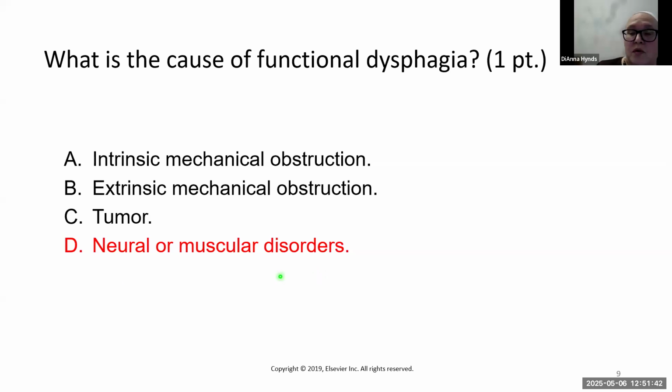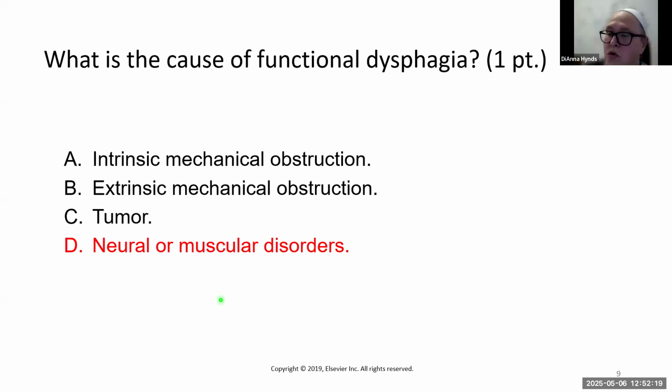What the neuromuscular disorders do is interfere with the normal process of eating, right? And so they can interfere with swallowing or peristalsis. These other three are actually obstructions. So it's not interfering with the process, it's preventing the movement of food through the GI system. And so neural or muscular disorders is the best answer here.